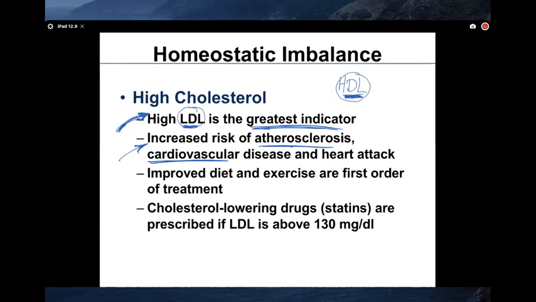Most likely, because it's like a cycle, if you go to the cholesterol metabolism, you will see that the point where a person with higher cholesterol will most likely be stuck is the LDL form.